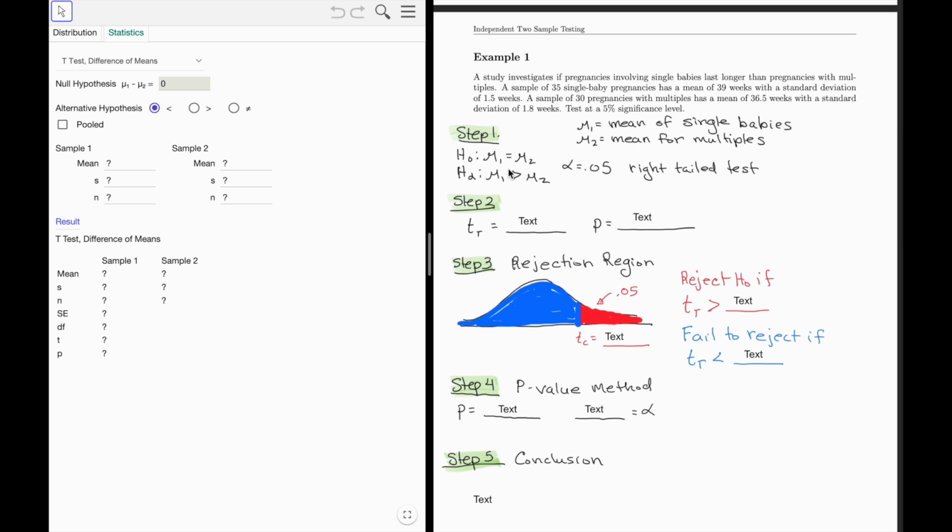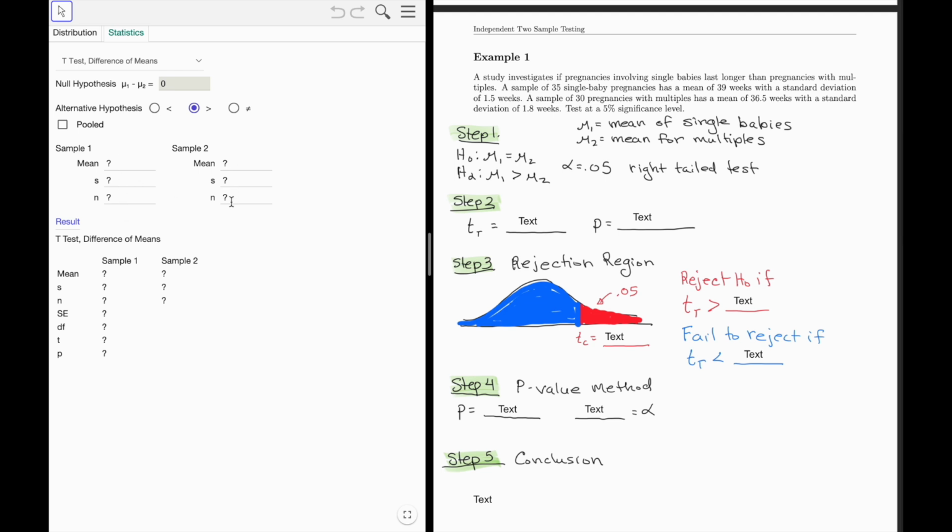Now, we're doing a right-tailed test, so I'm going to choose this middle option. And then, of course, we don't use pooled. Don't ever check pooled in this class. And then we're going to put in the sample information for each one.